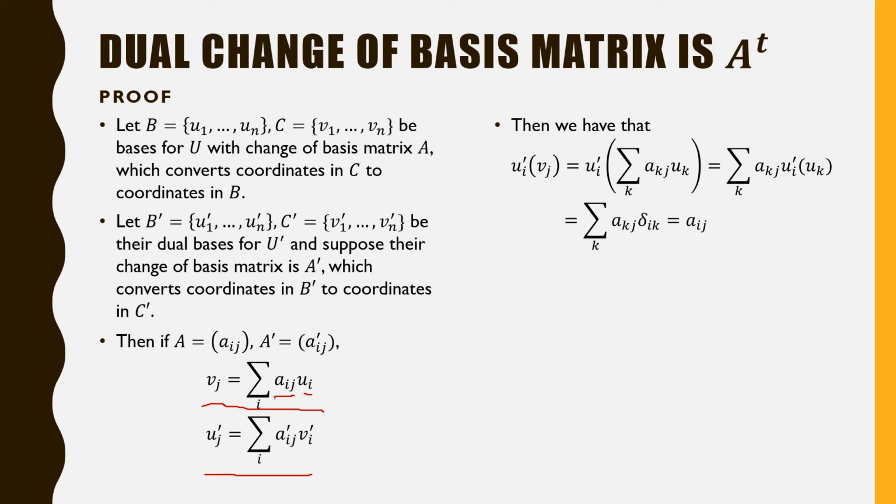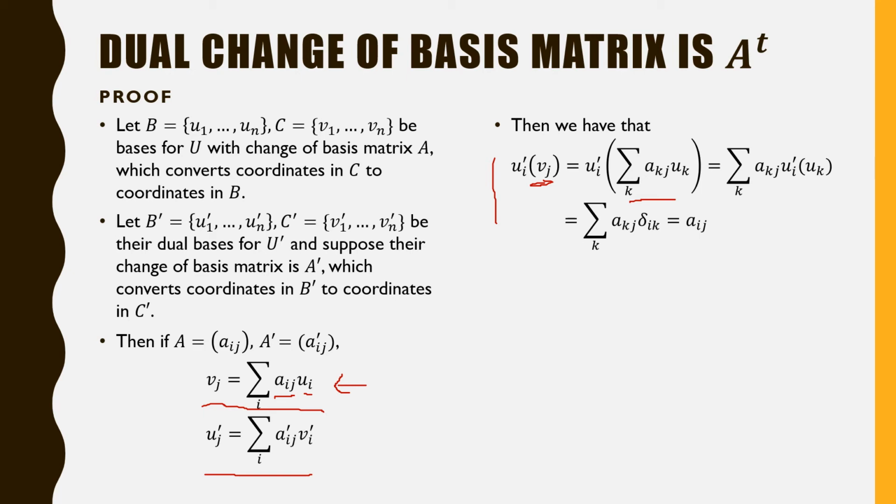First, we're going to plug in what Vj is and let Ui prime act linearly on it. Then we're going to plug in what Ui prime is equal to and let that behave as a function on the Vj and see what we get. So in this first equation, we're expanding the Vj according to this equation right here. So we plug that in, and then Ui prime acts linearly on it.